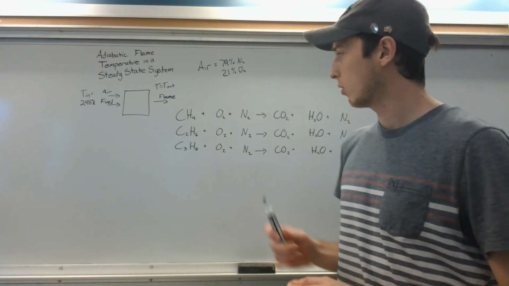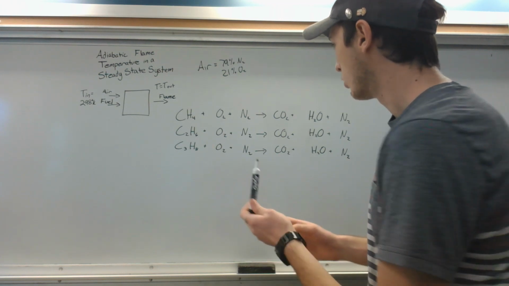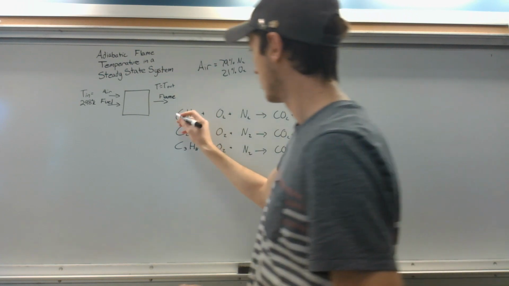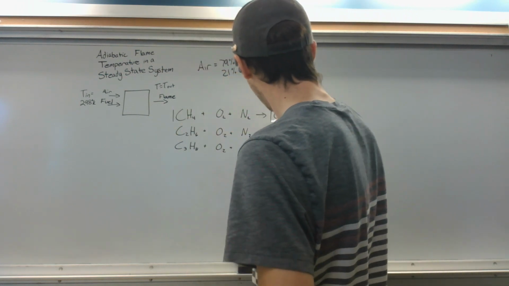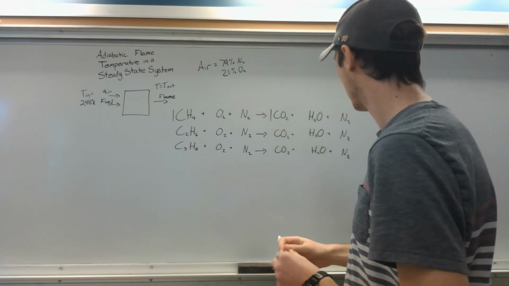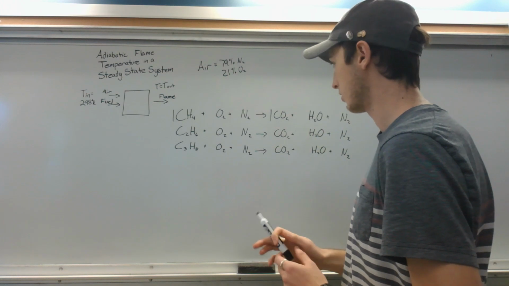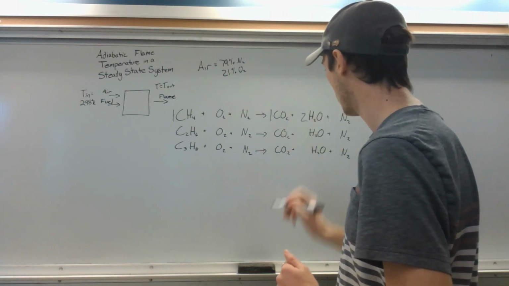If we want to go ahead and set this up for the methane, we can first look at our carbons. We can see that we have one carbon on each side, so we can assign a 1 to both sides here. Next, I'm looking at hydrogen. We have 4 hydrogen on this side and only two on this side, so we're going to need at least 2 water, 2 H2O.